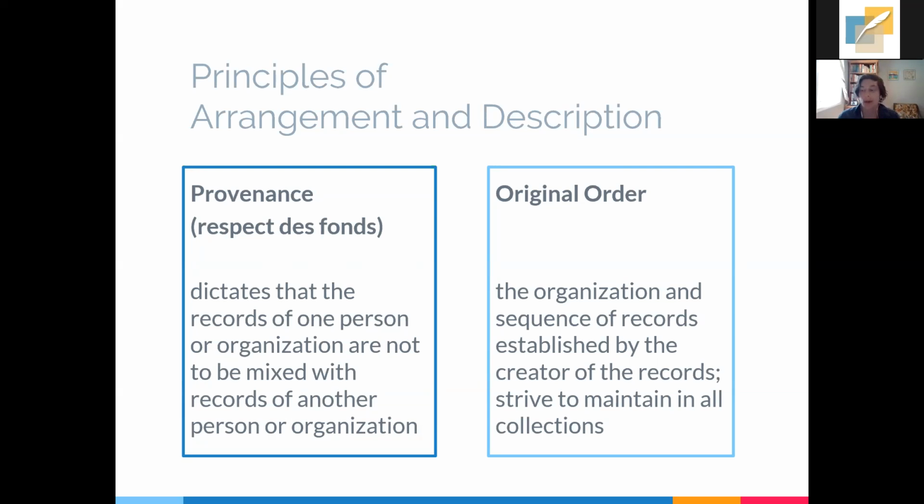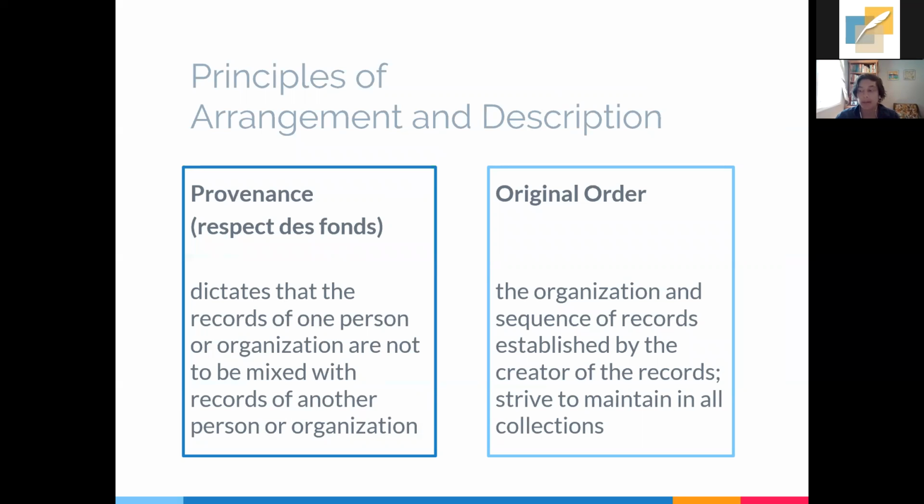Provenance, or sometimes called respect des fonds in terrible French, states that the records of one person or organization are not to be mixed with records of another person or organization. So this means, right, to the best of your ability, that you should keep records grouped together by their creator as the guiding principle. Additionally, original order deems that you should maintain the organization and sequence of records that was established by the creator of the records.